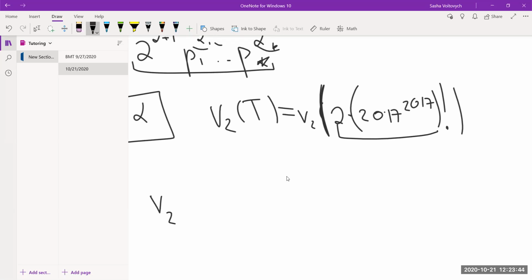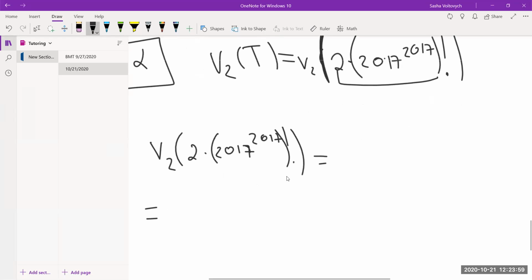So v2 of 2017 to the power of 2017 factorial is equal to, by the way, v2 is the power of 2 dividing the number, in case you are unfamiliar with this notation. Do you know how to compute the power of a prime dividing the factorial? What's the formula for this?